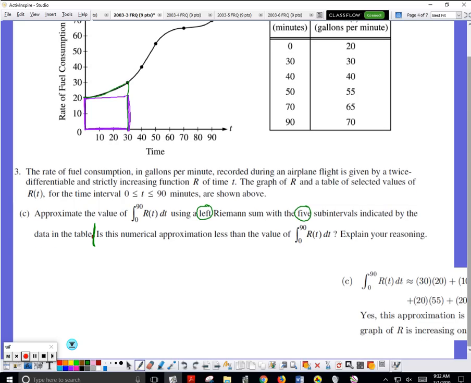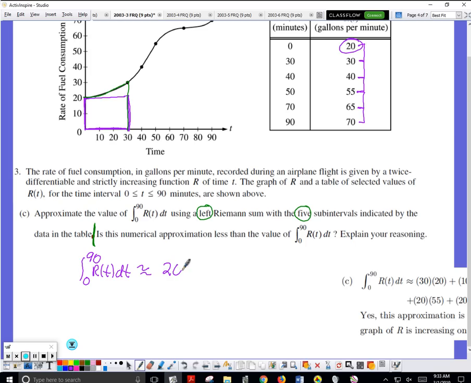I always write the integral first. 0 to 90, r of t, dt is approximately. I look at my table, I need to break it up into 5 subintervals. I need the value of r in the first subinterval.